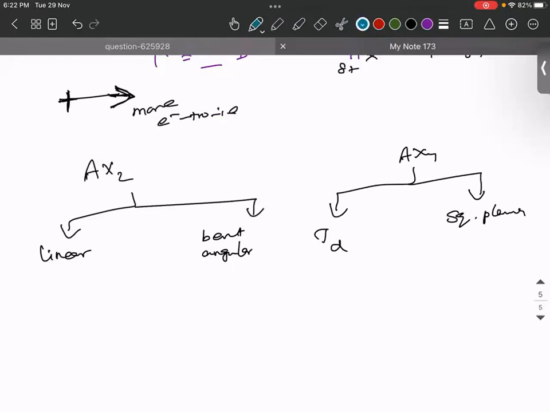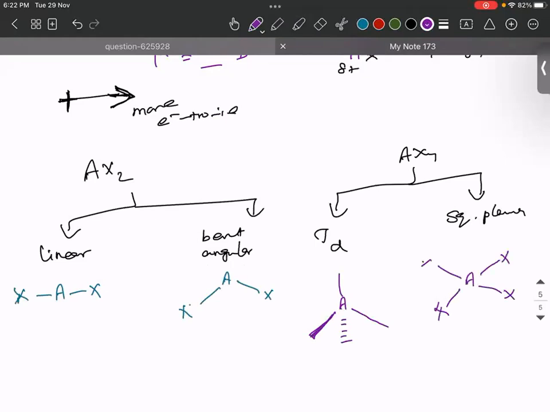So you draw that: AXX, and then AXX, tetrahedral, AX4, AXX.